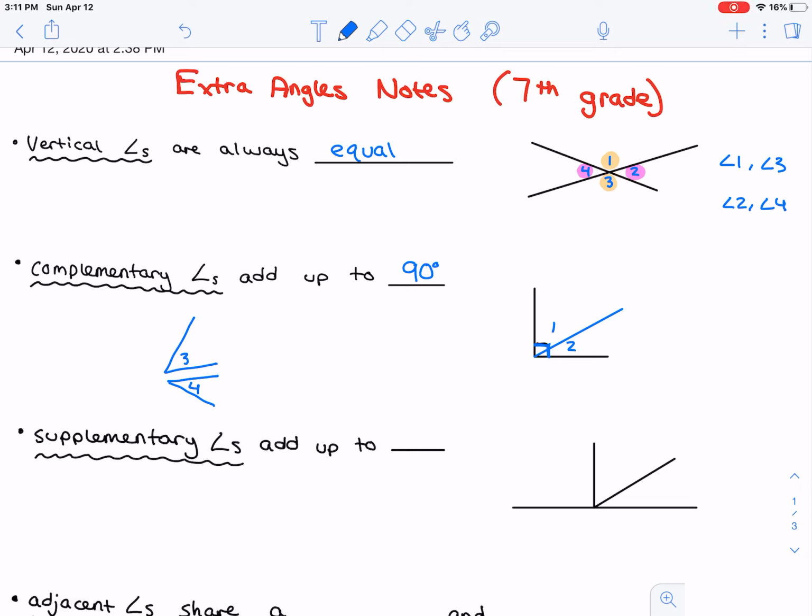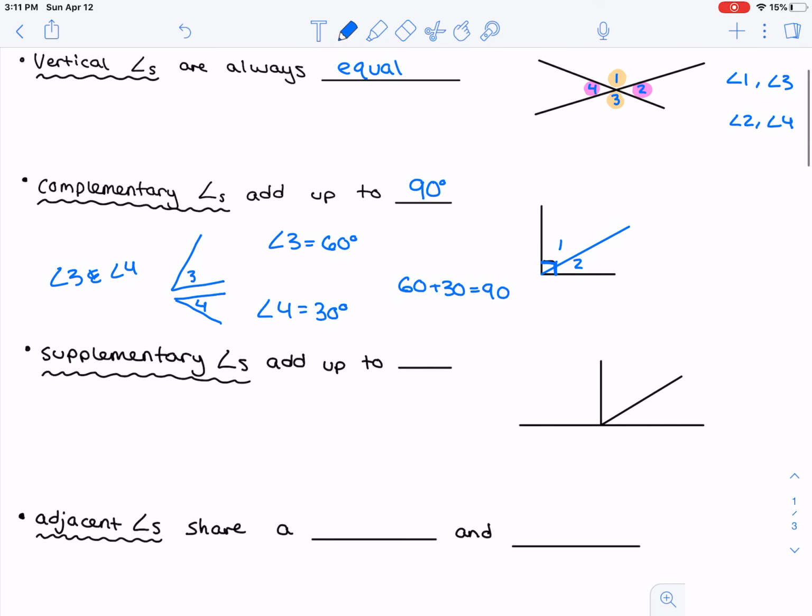They're not touching, right? Let's say angle 3 was equal to 60 degrees and angle 4 is equal to 30 degrees. Since 60 plus 30 does equal 90, angle 3 and angle 4 are still complementary, even though they're not touching, okay? So that's really important to know.